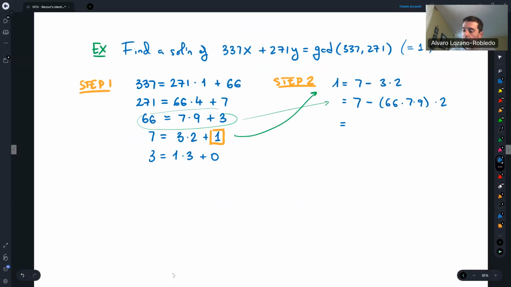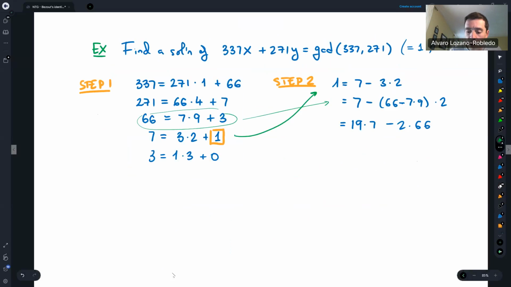This is, if you keep track of what's going on, 7 minus 7 times 9. Let's see. Yeah, 9 times 2, 18, plus 1 more 7, that is 19 sevens, minus 66 times 2. Or let's write it in front, the coefficient. So 2 times 66. So I'm keeping track of 7s and 66 here.